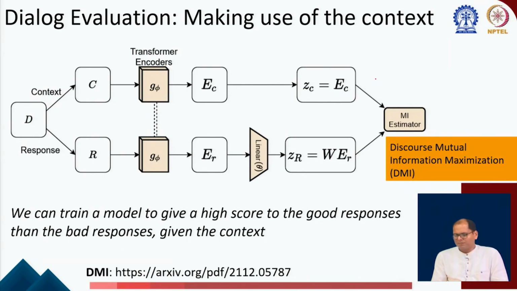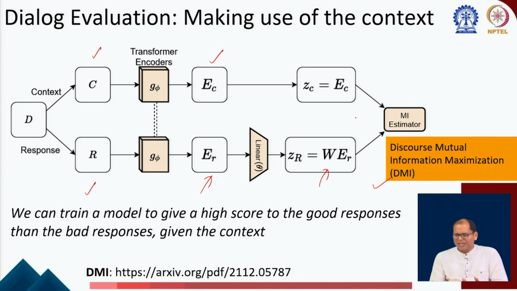So, this is one of the architectures, for example, dialog mutual information maximization. They pre-trained it on top of BERT, but the idea is that you will have the context and the response. You will pass the context through the same BERT encoder, you get the encoding. You also pass the response through the BERT encoder, get the encoding. Now, you have some weight matrix, that is a learnable parameter, use that to get a score, right.